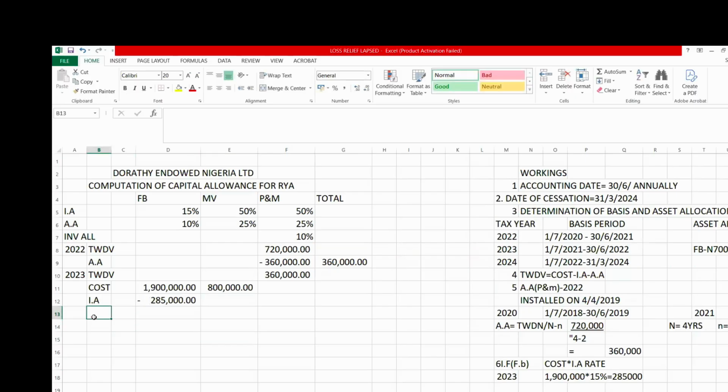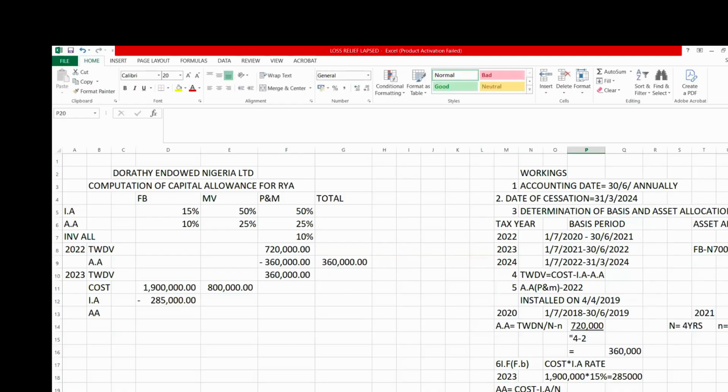Also, for this asset, we are going to have annual allowance. Annual allowance in the first year of assessment is calculated as cost minus initial allowance, over big N, the number of years.